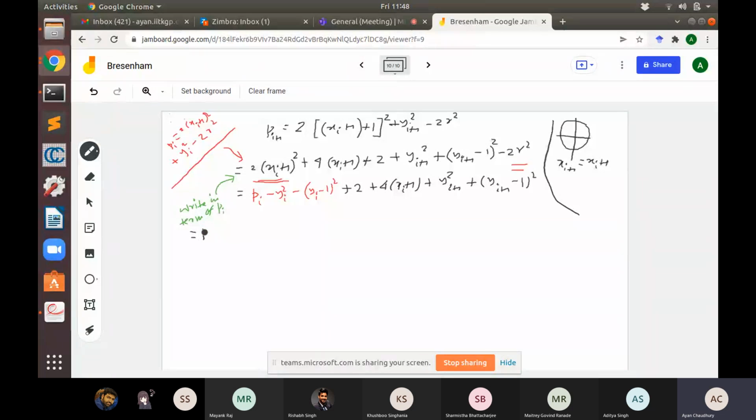So just put it. So pi minus yi square. Okay, there is another yi square here, minus yi square. Okay, plus 2yi minus 1 plus 2 plus 4xi plus 4, yi plus 1 square, 2yi plus 1 plus 1.